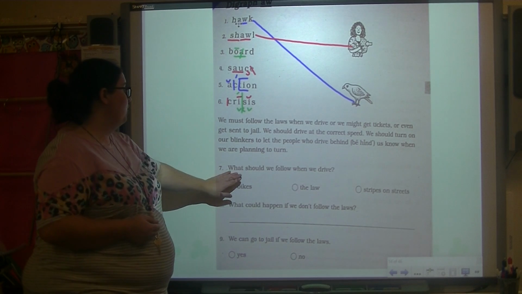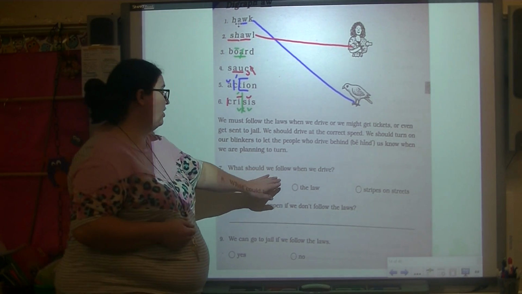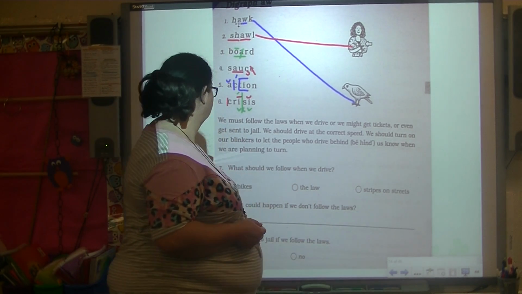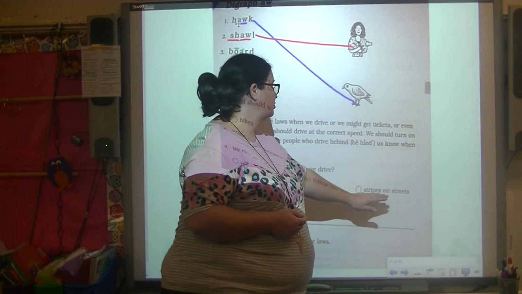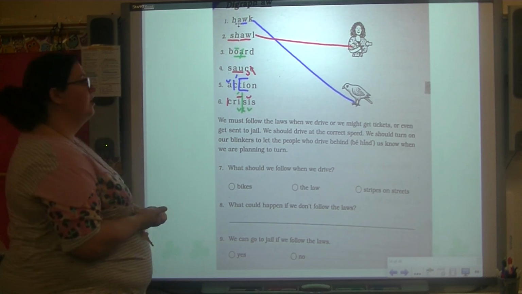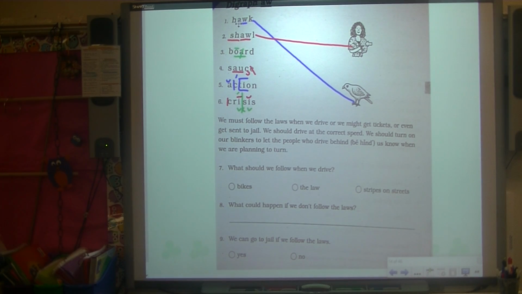Number 7, what should we follow when we drive? Bikes, the law, stripes on streets. Underline it and bubble in your answer.